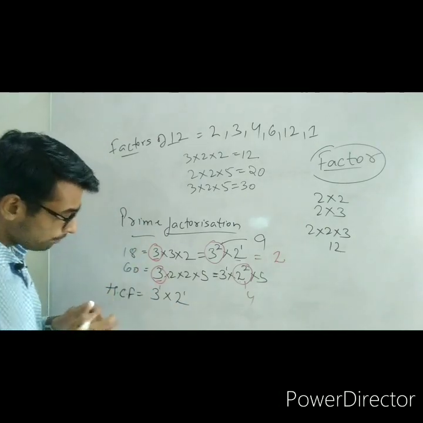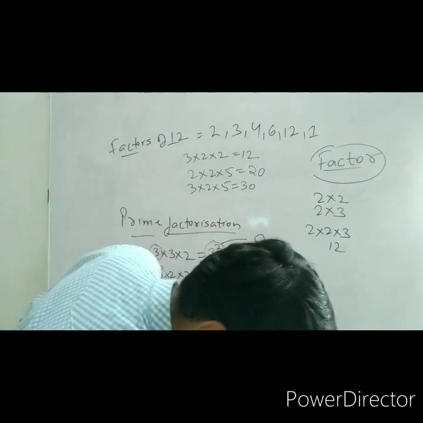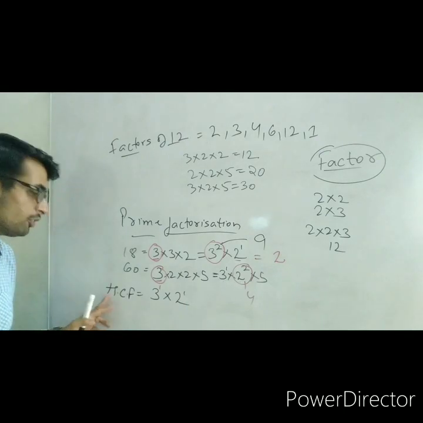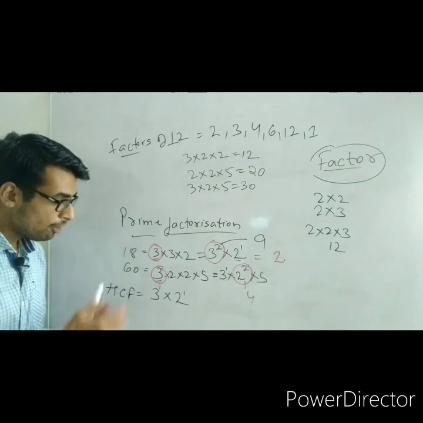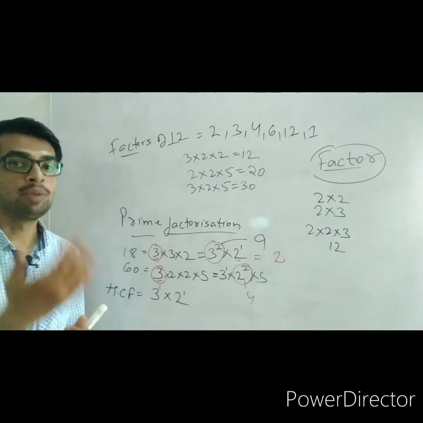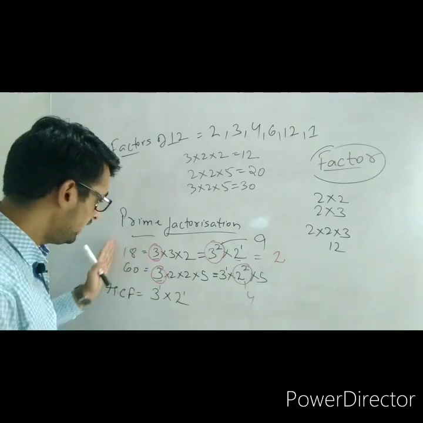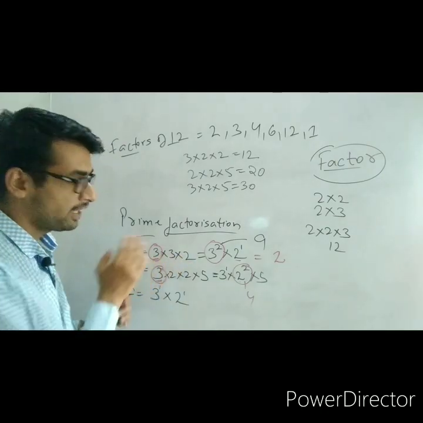Okay, now why do we multiply these two numbers? Because we have to find the highest factor, and when you multiply 2 numbers or 3 numbers, your number becomes bigger.